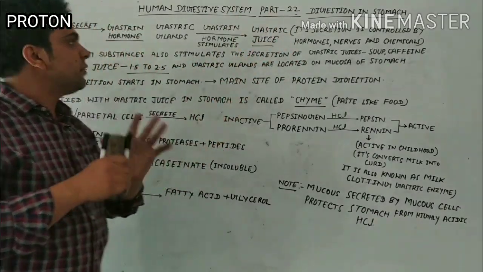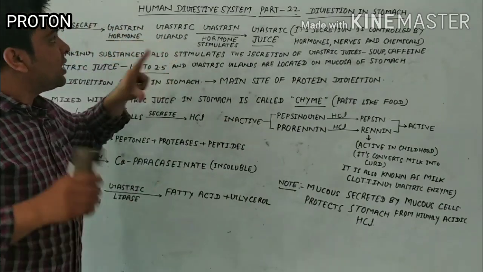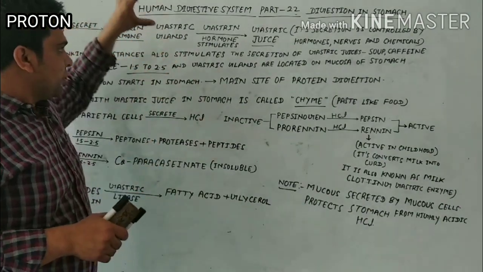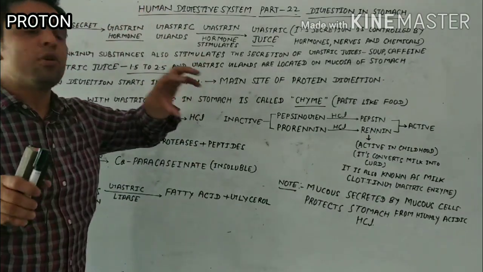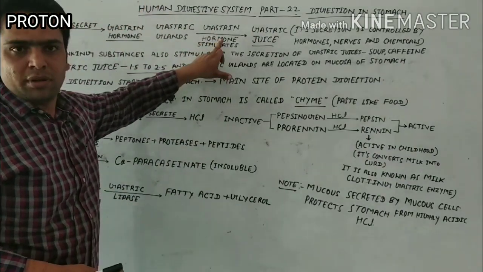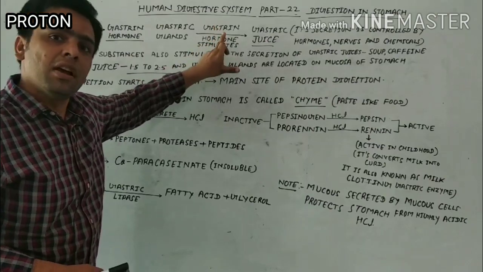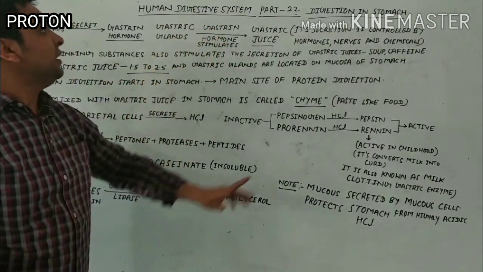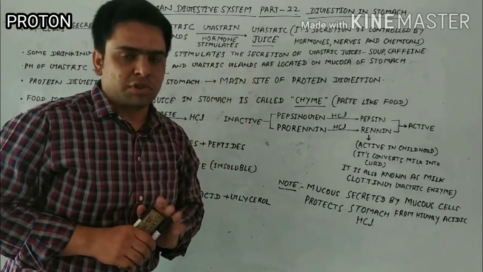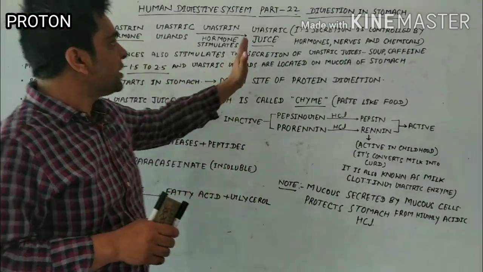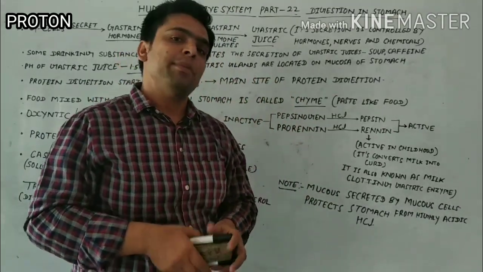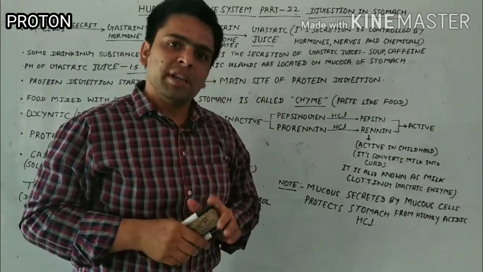So students, gastric glands are the cause of gastric juice secretion. It is done because of gastrin hormone. After stimulation by gastrin hormone, the gastric glands produce gastric juice. Clear students? And gastric juice contains many chemicals which help in the digestion of food in the stomach.